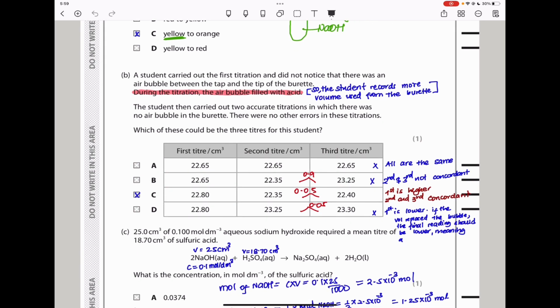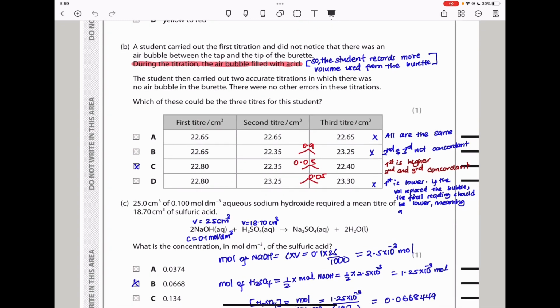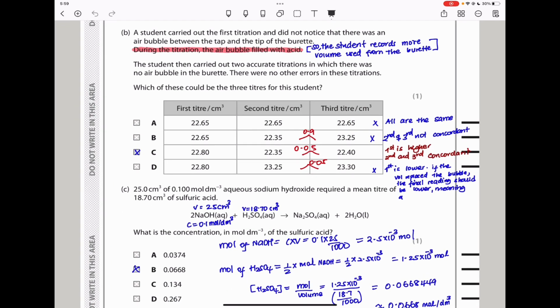So moving on, the student then carried out 2 accurate titrations in which there was no air bubble in the burette. There were no other errors in these titrations. Which of these could be the 3 titers for the student? Now here, if no error was carried out, it means the second titer and the third titer have to be concordant.